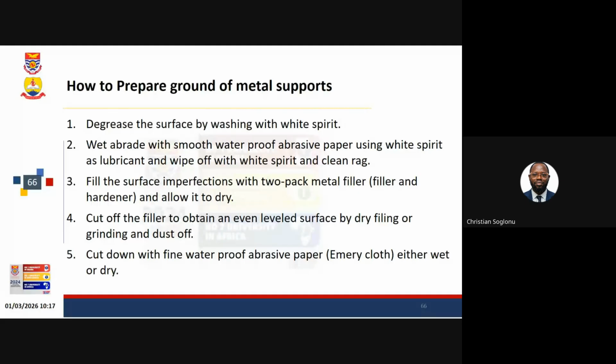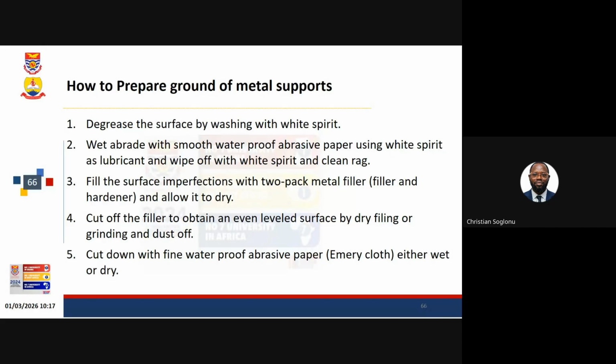So after you are done with the degreasing, you can come in and wipe the surface with a clean cloth so that it will dry the surface for you.